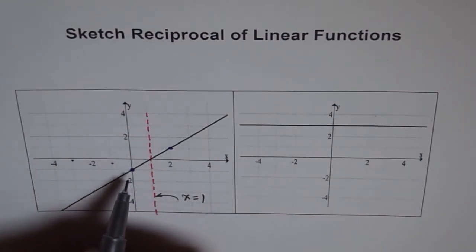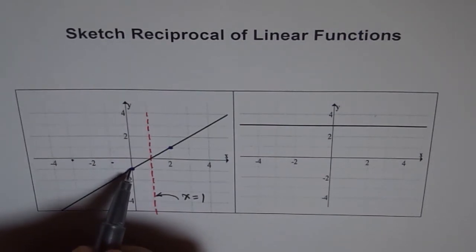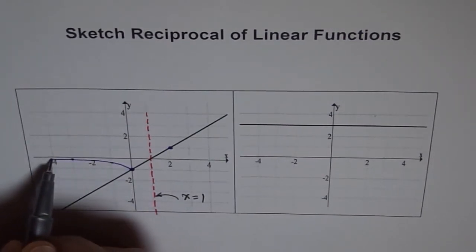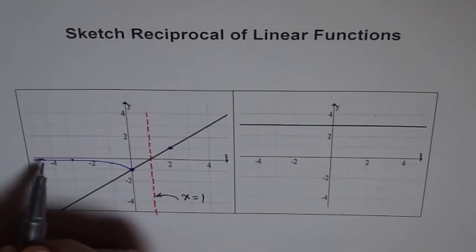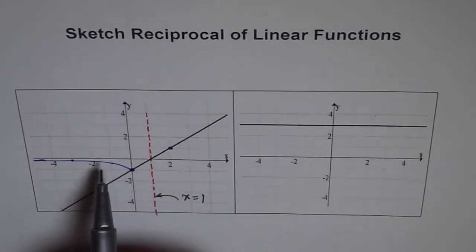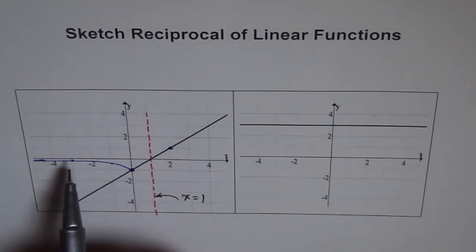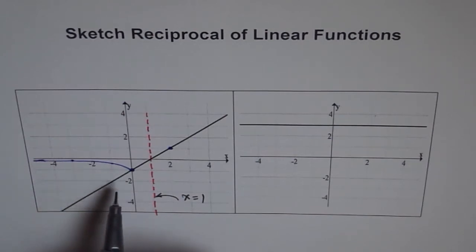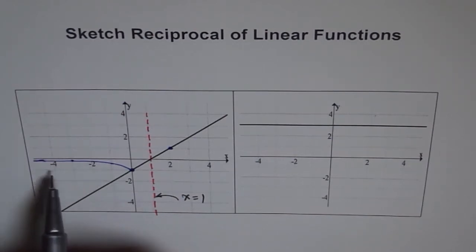So this half of the graph will start from minus 1 and approach 0. Right? I don't want to touch it, so I'm just keeping it slightly away. But you get an idea. As x is approaching minus infinity, our reciprocal function is approaching 0 from negative side.